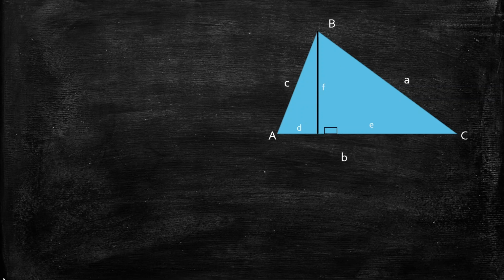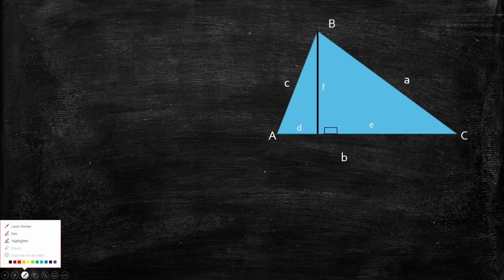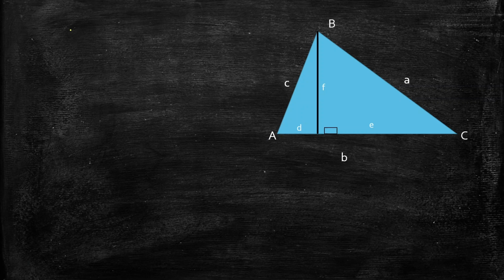So if I have those angles A, B, and C, then I could say that the cosine of angle A equals, and remember it's adjacent over hypotenuse, so the adjacent is d over the hypotenuse, which is c.